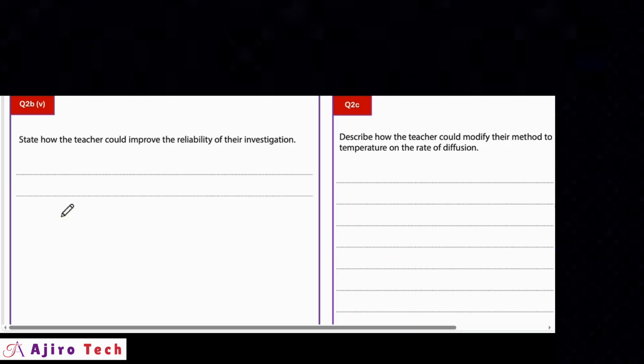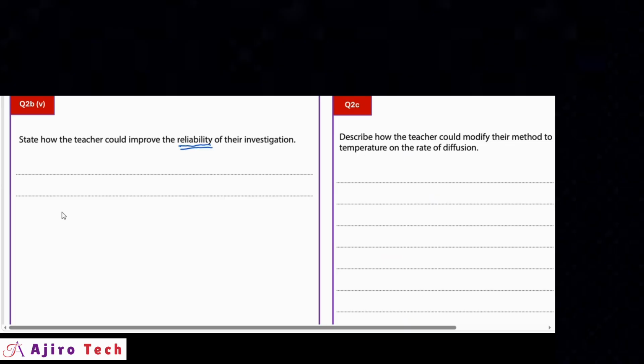If a question sounds like this, especially when it has to do with investigation, one of the things that can be done is repetition of the investigation, which strengthens reliability. Just like the saying goes, practice makes perfect. The more you repeat a particular investigation, the more reliable it becomes.